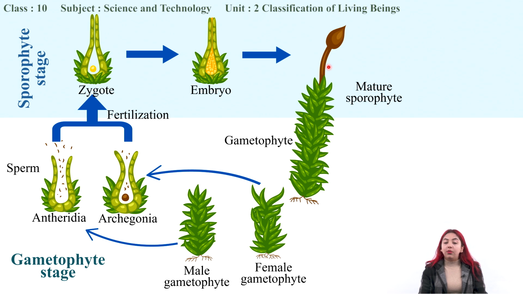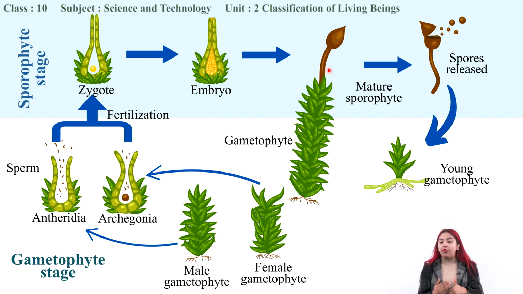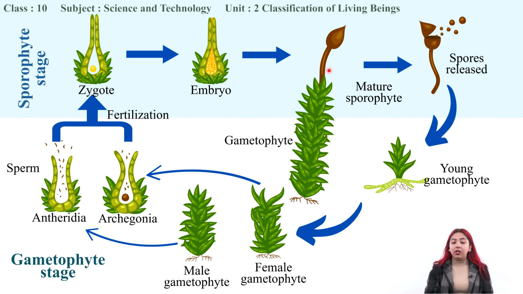Slowly the sporophyte matures, and inside it spores are present. After maturation the spores are released, and when they reach a favorable condition, they give rise to a young gametophyte, and hence the cycle continues. The young gametophyte again has either antheridia or archegonia, it again fertilizes, and this life cycle continues.